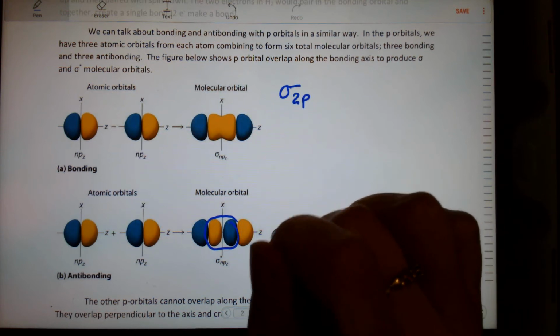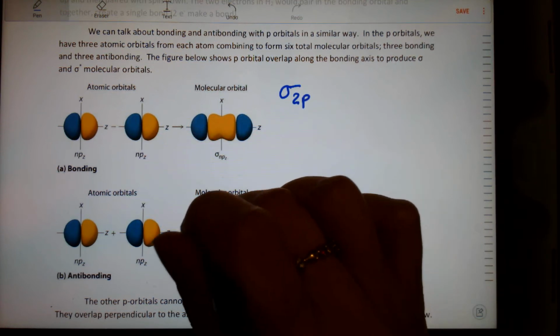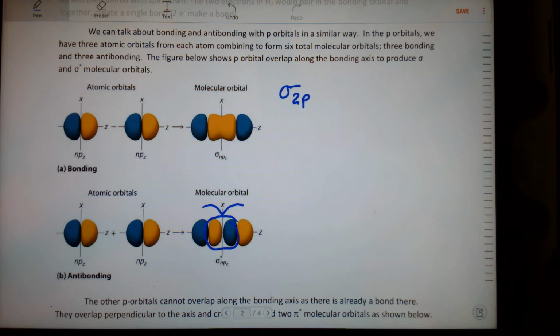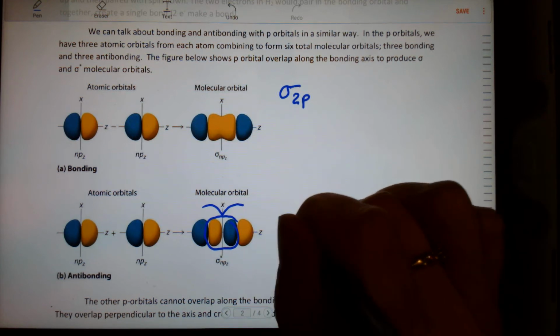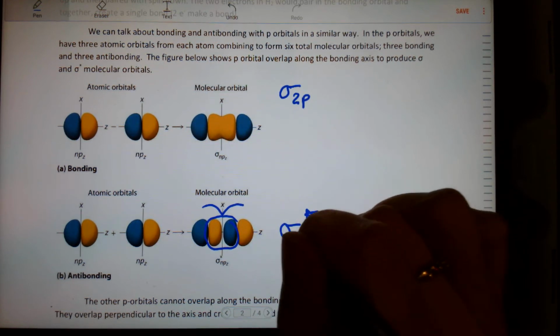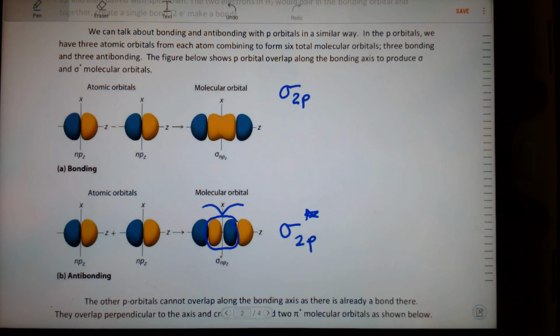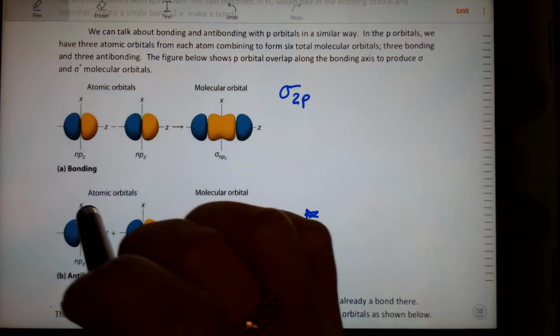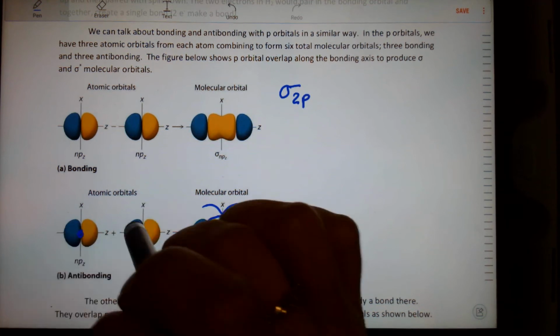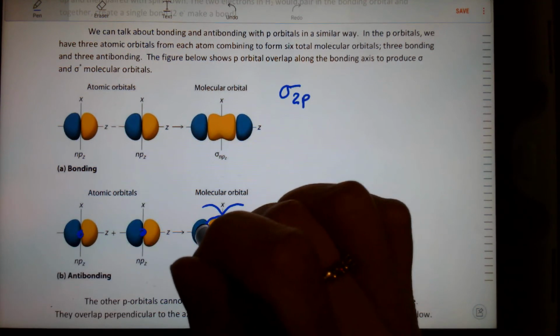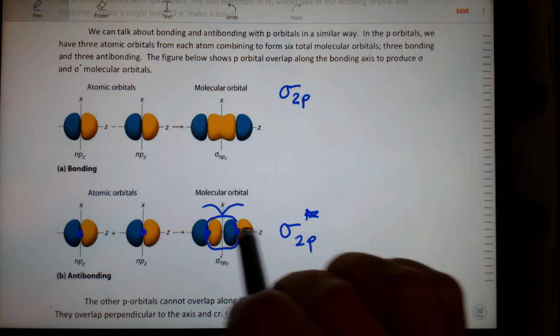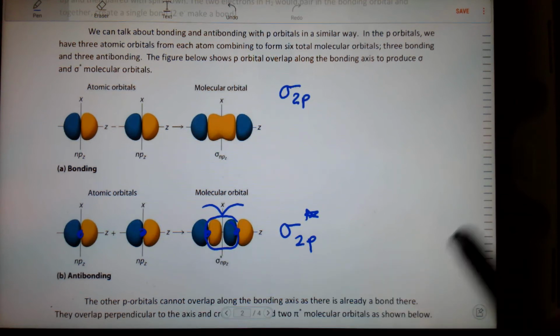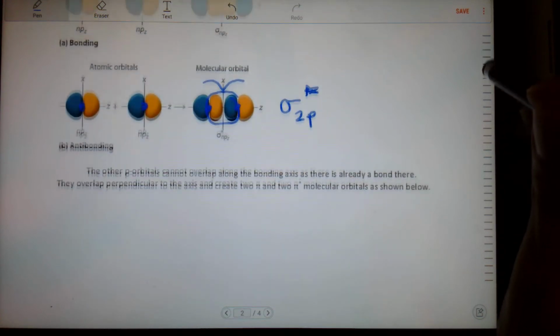It results in a node, where it goes down to 0. And we call this sigma star 2p. Again, the nucleus of our atom is right there in the center, along the bonding axis. So it works the same way.